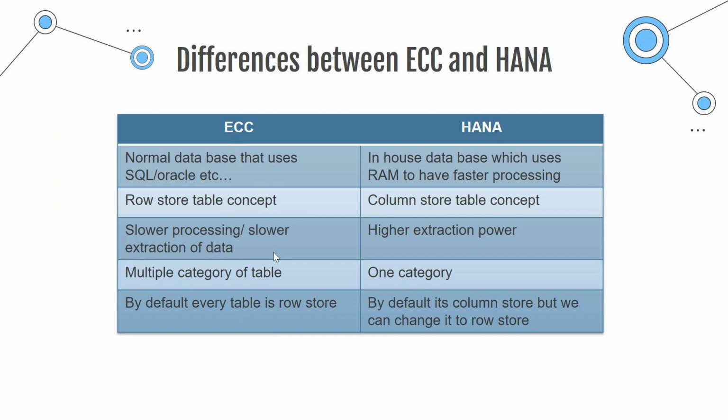So for now, understand that in ECC system, we had multiple categories of tables, whereas in HANA system, all those categories are replaced with only one single category. So in HANA system, you don't need to remember much because the categories of tables are fewer. Why did SAP plan to remove this? Because those multiple categories of tables were causing unnecessary load on the database.